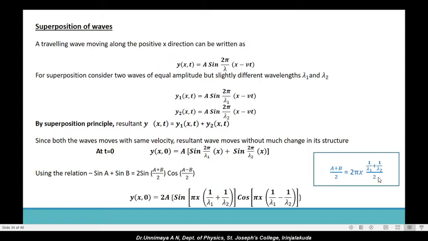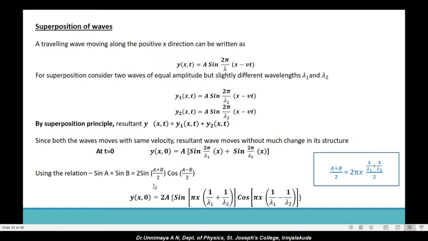That is the (a + b)/2 term. Similarly, (a − b)/2 will be 2πx(1/λ1 − 1/λ2)/2. That is the (a − b)/2 term.